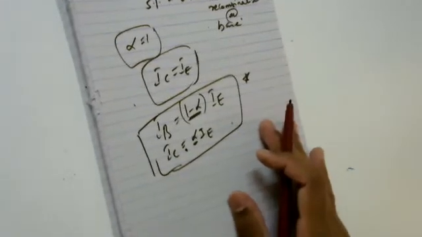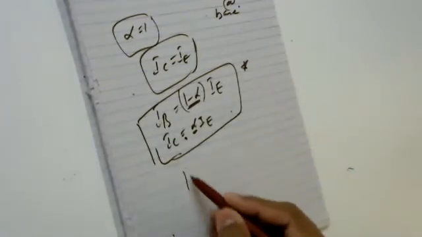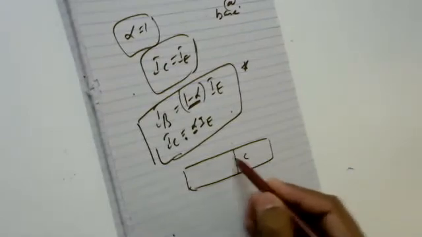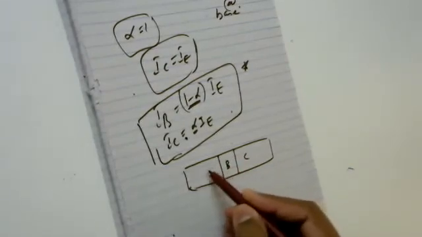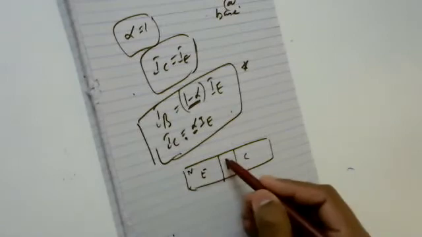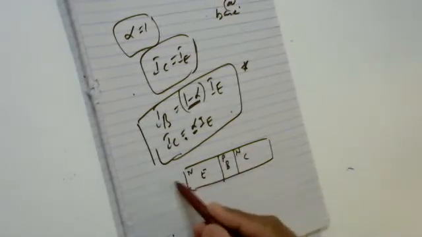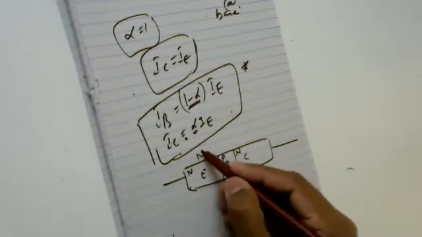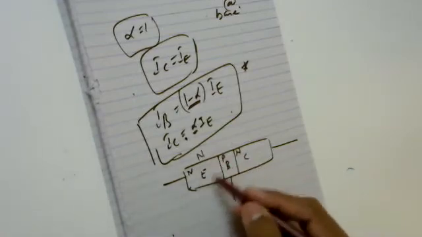Let me say that this is my collector, this is my base, and this is my emitter, which is NPN. We said that n number of electrons are going to be ejected from the emitter.